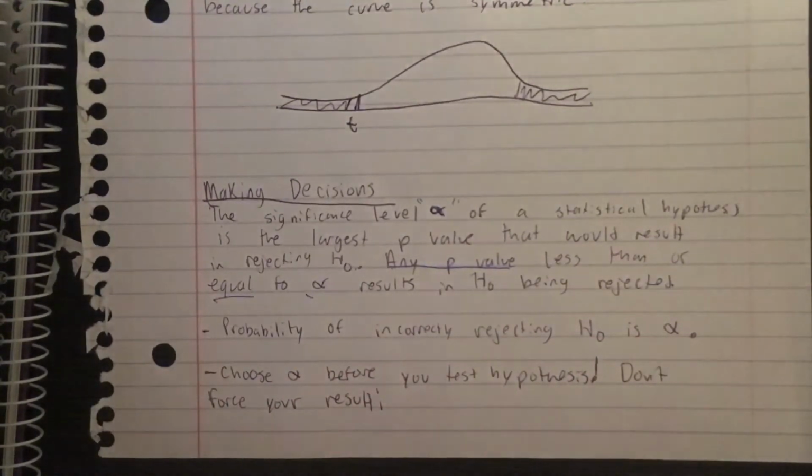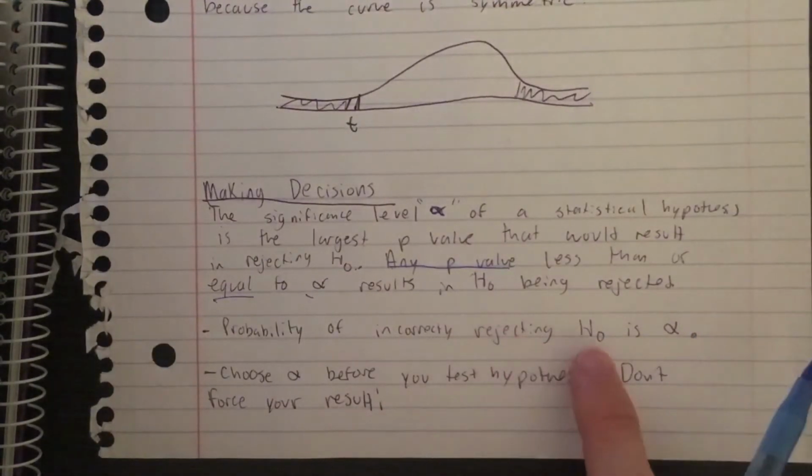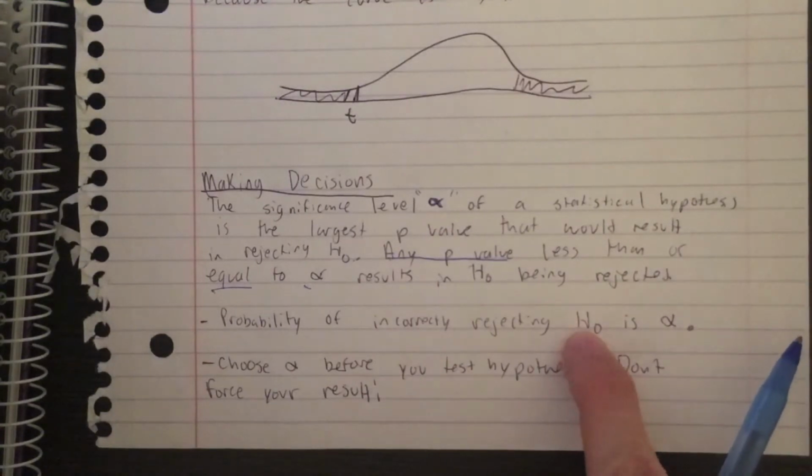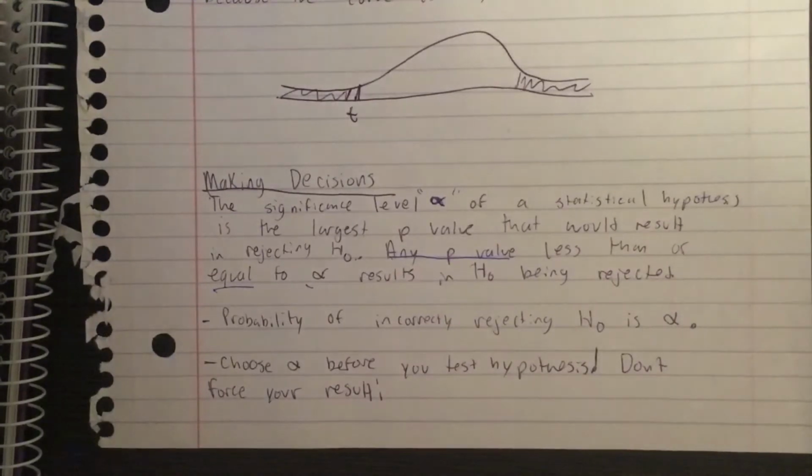Typically the highest you can see a significance level is 10%. So there's a 10% chance we incorrectly reject the null hypothesis, which means there's a 90% chance that we were correct. So you'll see it from 10% all the way to anything less than 10%.